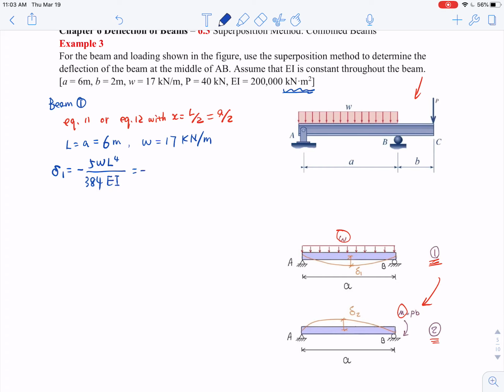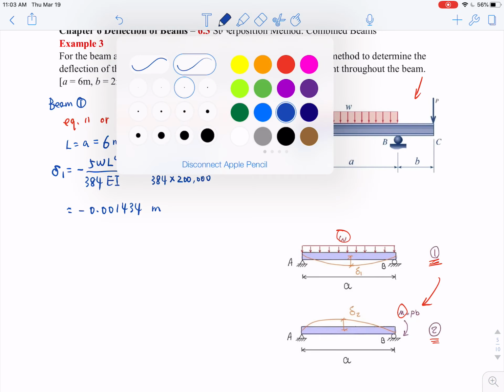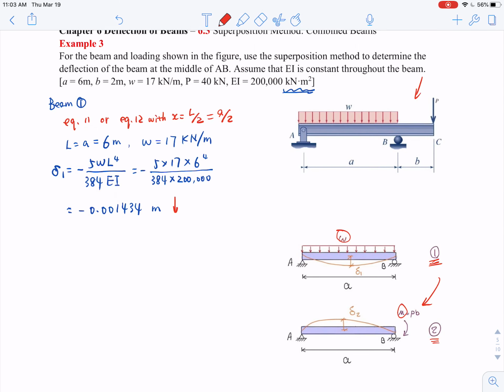That is negative 5 by 17 by 6 to the 4th over 384 by 200,000. And here you can get negative 0.001434 meter. And this is a downward deflection. So then let's look at beam 2.